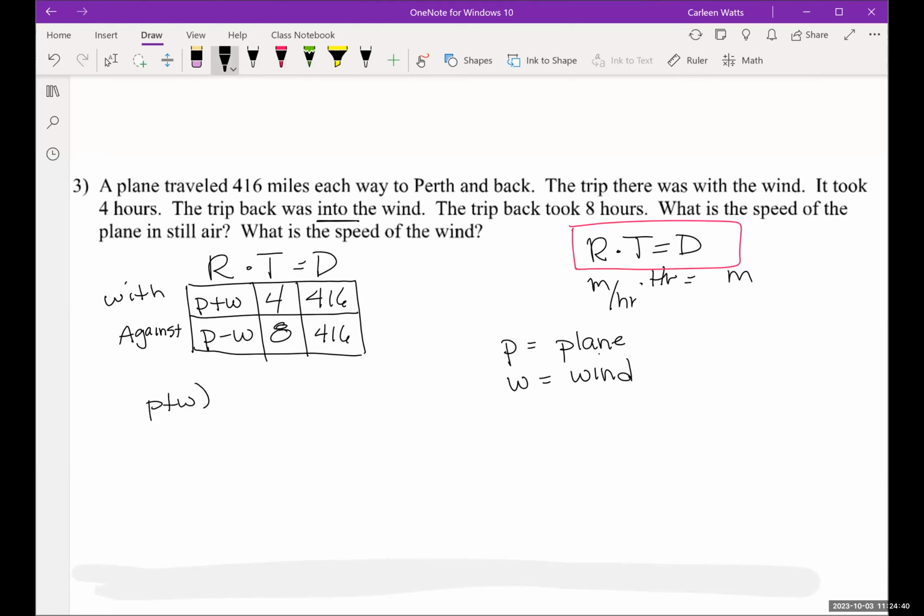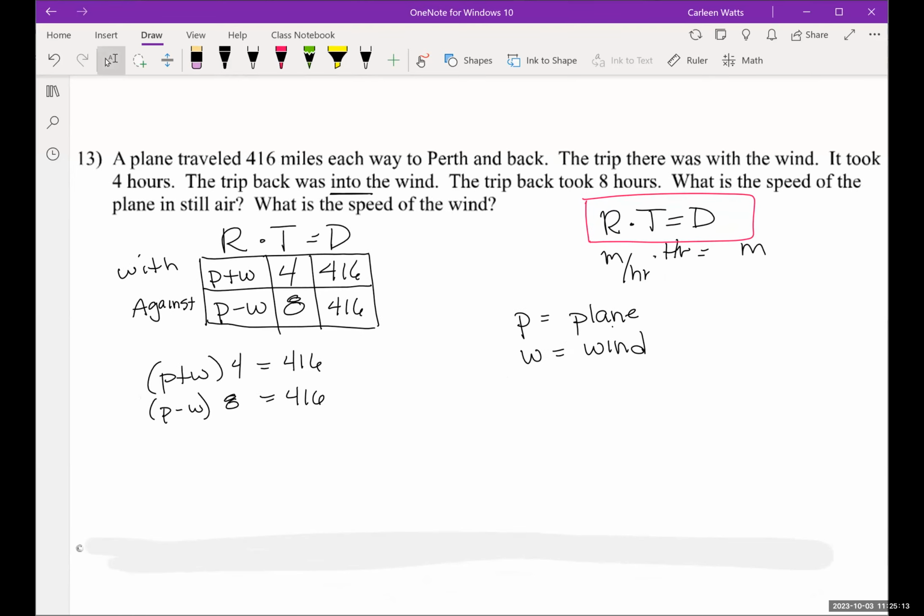P plus W, I have 2 terms, so I am putting them in parentheses, times time equals distance. Okay, I'm gonna distribute.